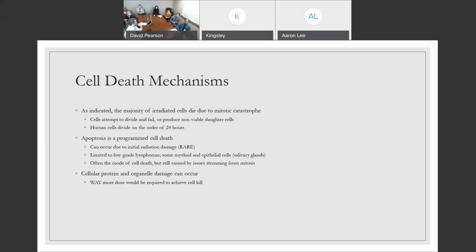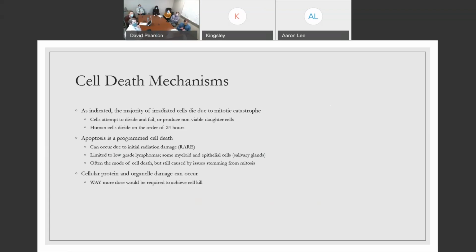For a frame of reference, it depends on the type of cell, but for human cells that are regularly dividing, somewhere on the order of 24 hours is the cell cycle time. Again, it depends on the type of tissue. Obviously, nervous system cells really aren't dividing in the same way you would think of an epithelial cell dividing.